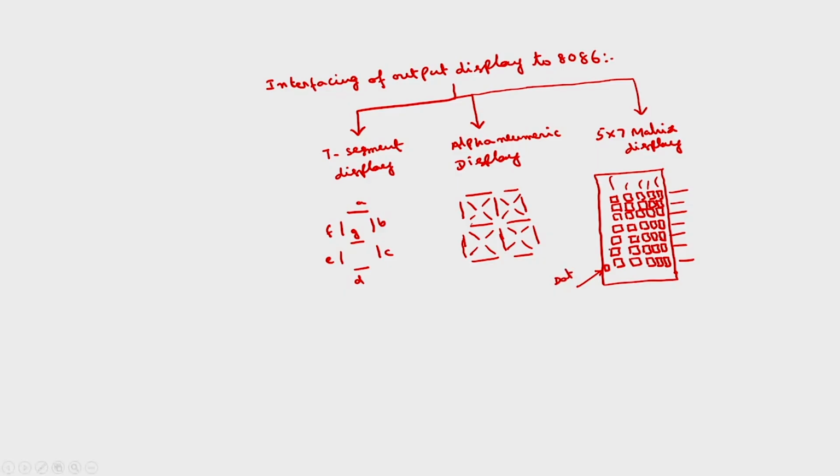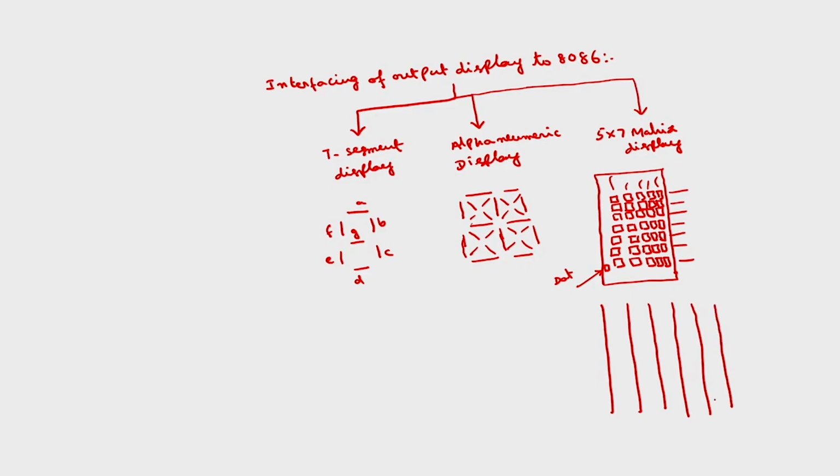If I take inside this, the circuitry will be something like, so we have 6 rows totally, connected through diodes, that is light emitting diodes, LED.